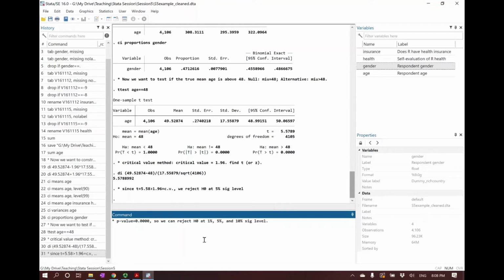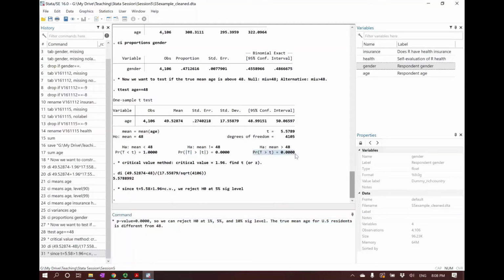So in a non-technical way of interpreting this, the true mean age for US residents, suppose, is different from 48. If it's a one-tailed test, we'll say it's greater than 48. For the one-tailed test, we can also reject at the 1%, 5%, and 10% level. So if your research claim is about a one-tailed test, you can say that the true mean age for US residents is greater than 48.